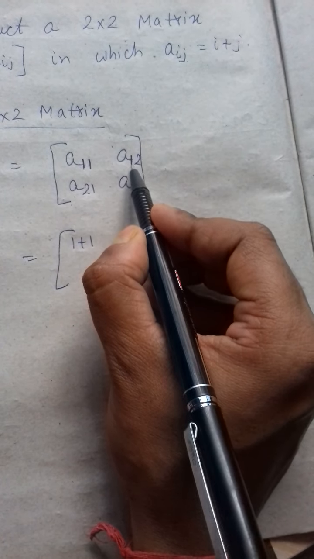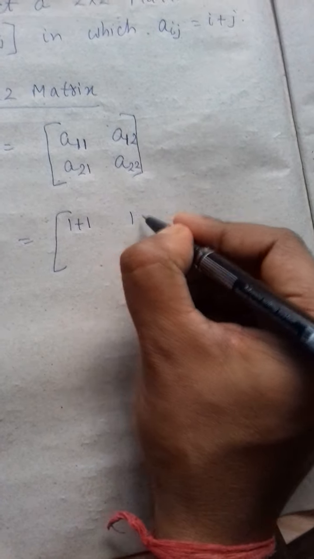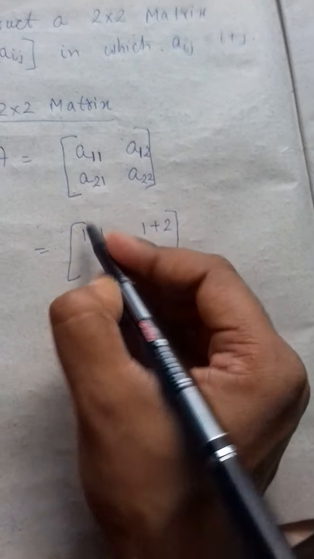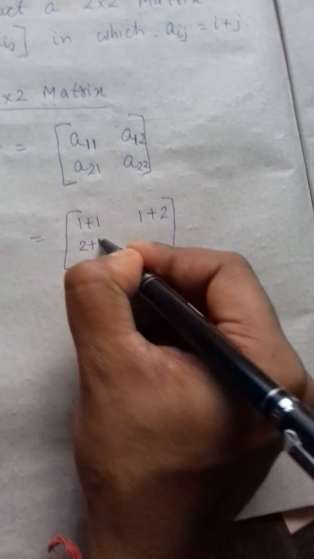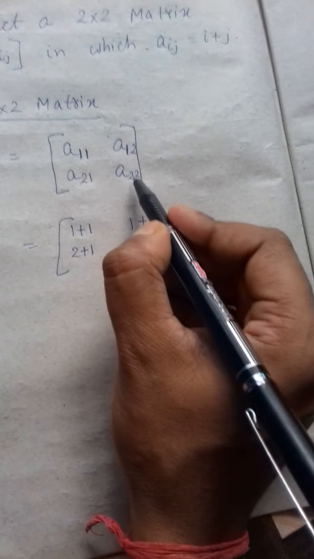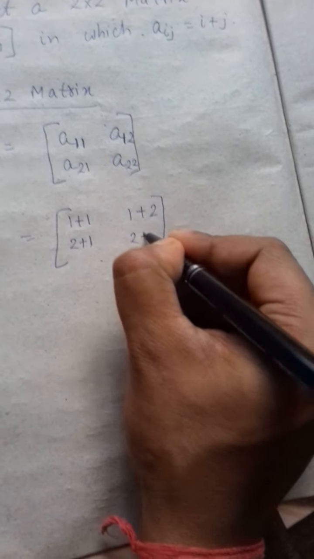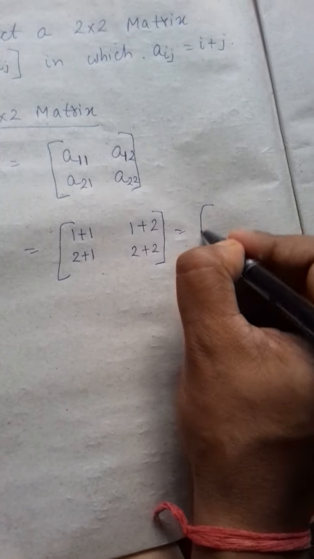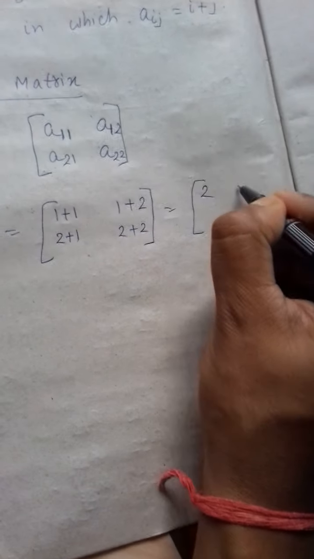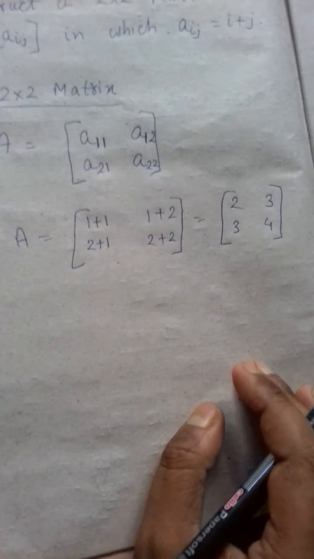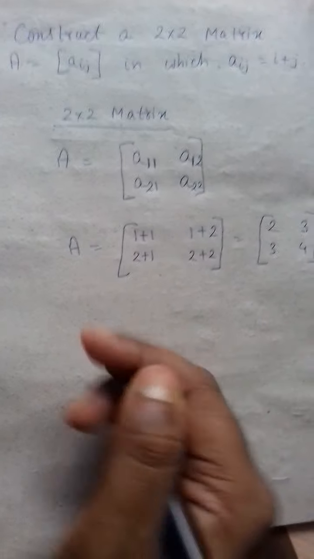Here i, j is 1, 2, so its second element will be 1 plus 2. Here i, j is 2, 1, so its element will be 2 plus 1. Here i, j is 2 and 2, so it will be 2 plus 2. Now your elements will be 2, 3, 3 and 4. Now we have got our required matrix.